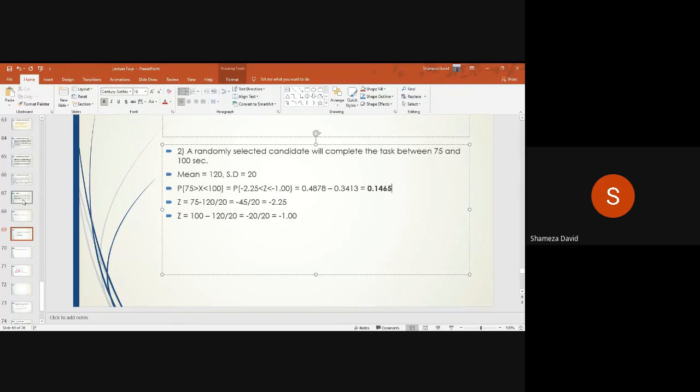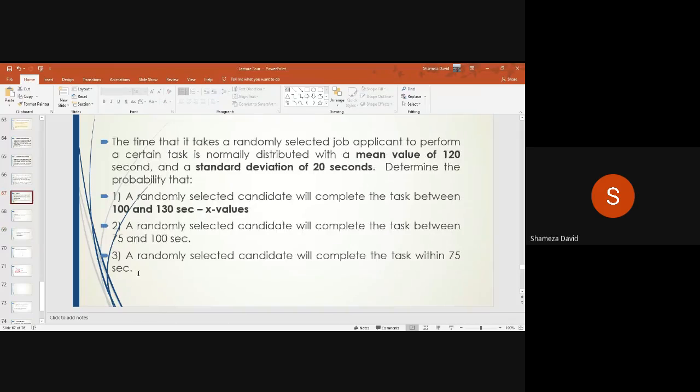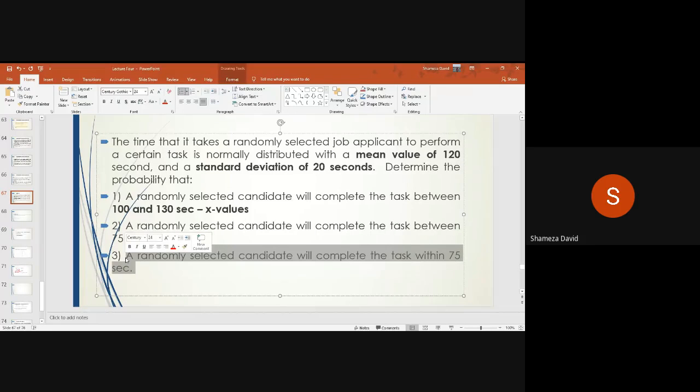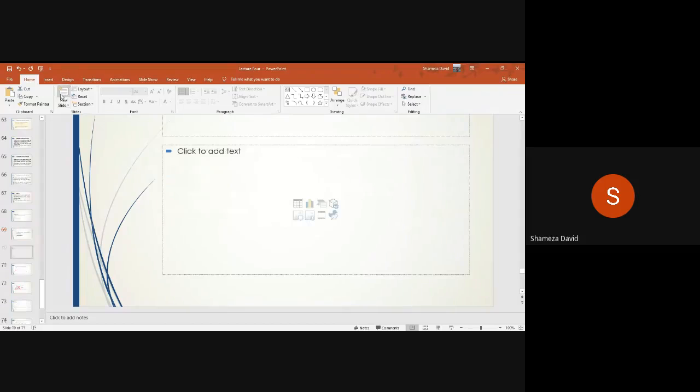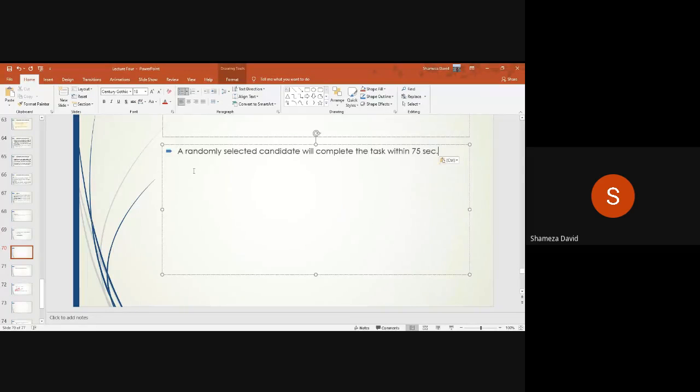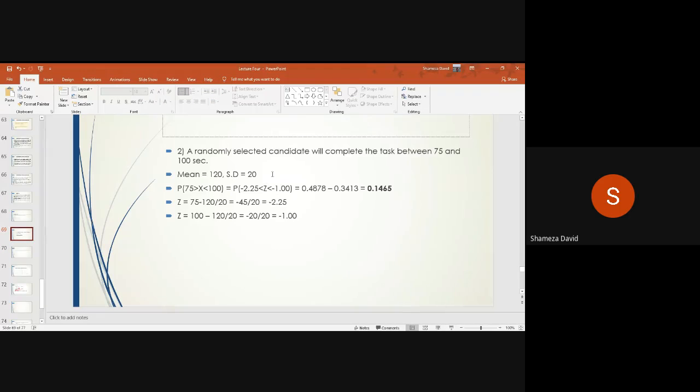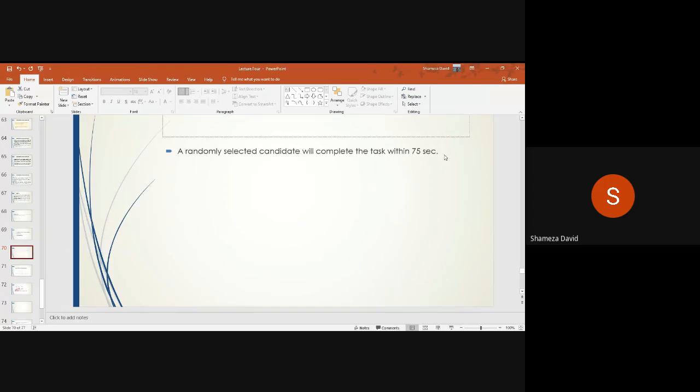And then the last example is the probability that a randomly selected person will complete the task within 75 seconds. But this one is going to be much shorter. You don't even need to go to the table because we already have the Z value for 75. So let's remind ourselves that the mean is 120, the standard deviation is 20.